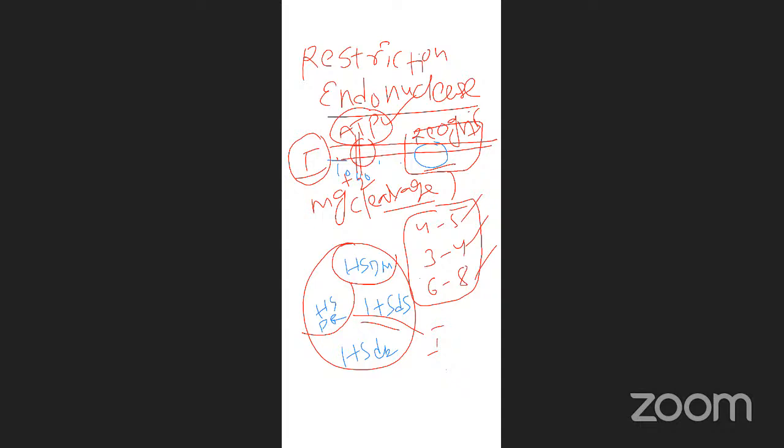Now type 2 restriction endonuclease. The type 2 restriction endonuclease differs from type 1. Mainly it is a multi-enzyme complex. First of all, the type 1 enzyme is a complex enzyme with multiple subunits, but inside the enzyme there is a multiple enzyme complex.